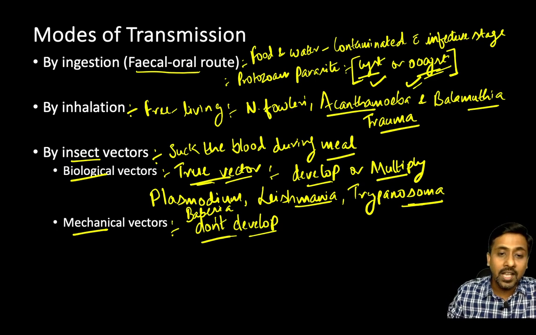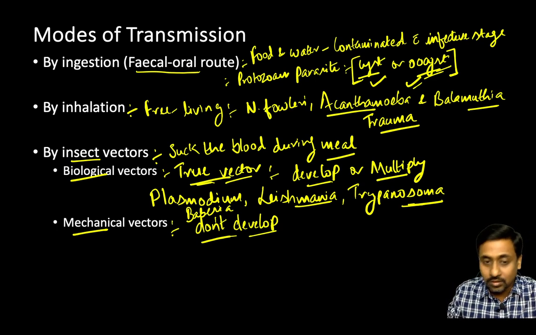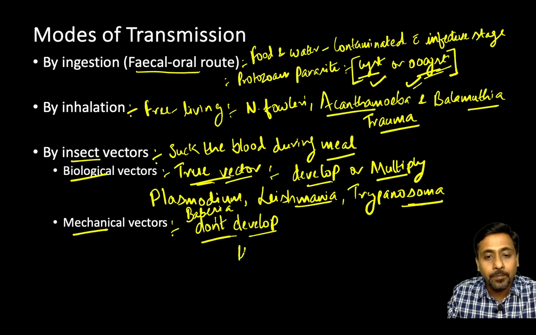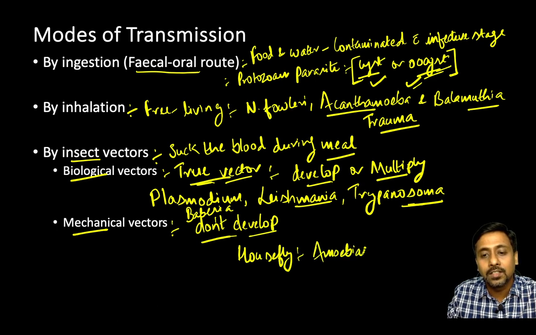The example for a mechanical vector, I forgot to tell you, is the housefly, which can transmit Entamoeba and cause amoebiasis.